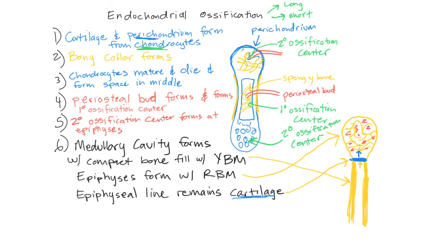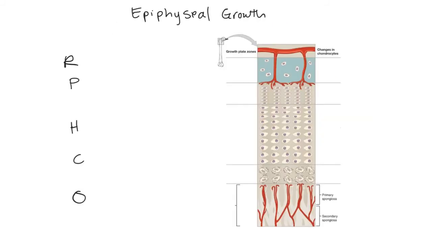Okay, so we're going to zoom into that line, talk about the zones of cartilage that occur. Okay, so they're going through growth in a specific direction.